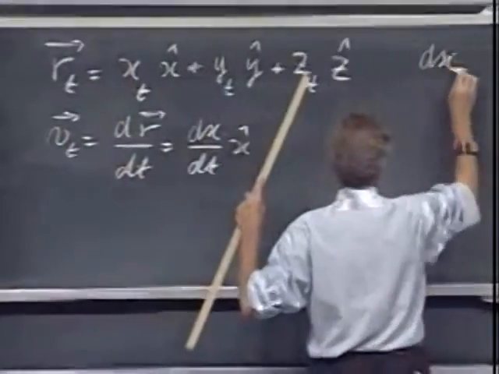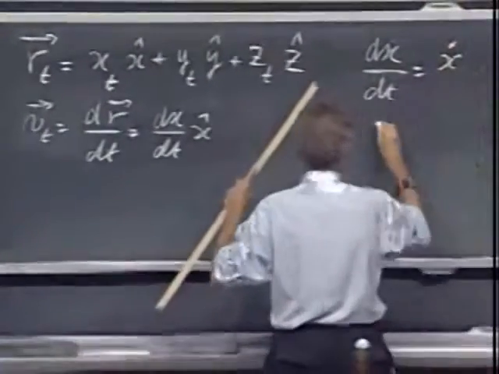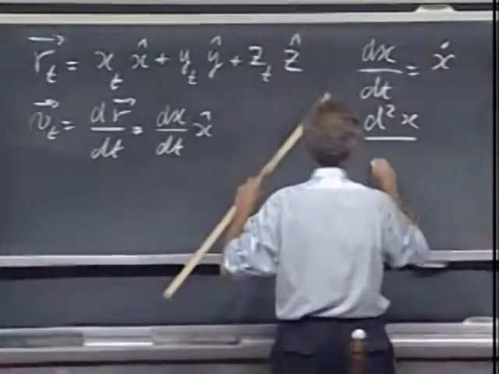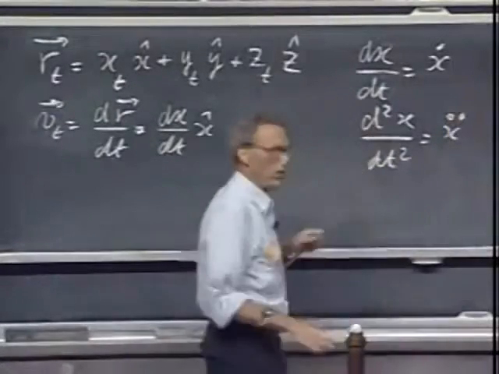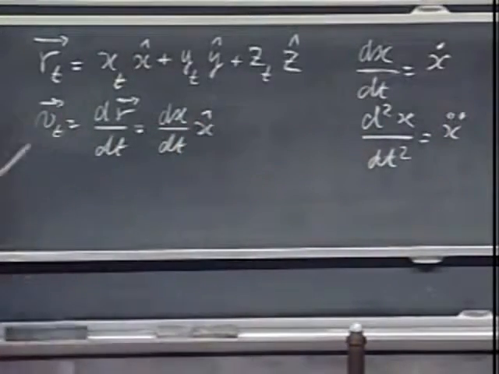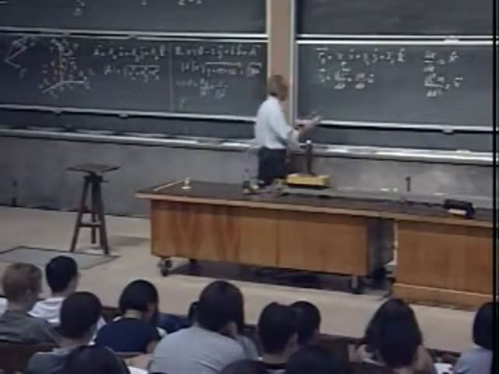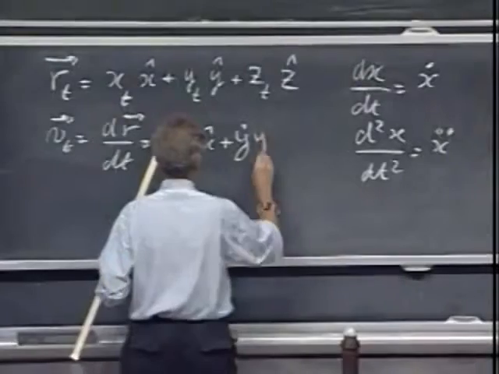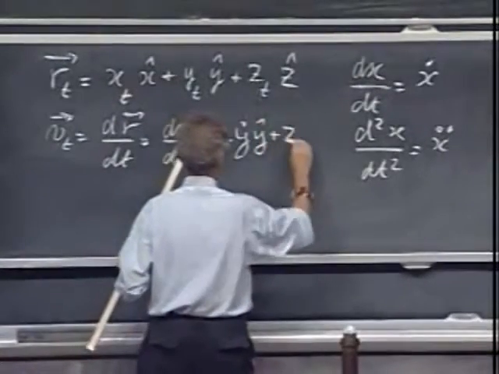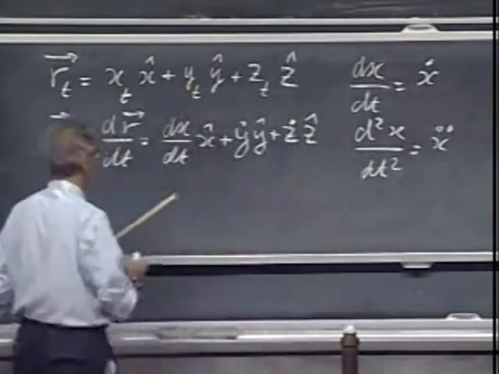I'm going to write dx/dt as x dot, because I'm lazy, and d²x/dt² as x double dot. It's often done, but not in your book. But it's a notation that I will often use, because otherwise the equations look so clumsy. Plus y dot times y roof plus z dot times z roof. So z dot is dz/dt.